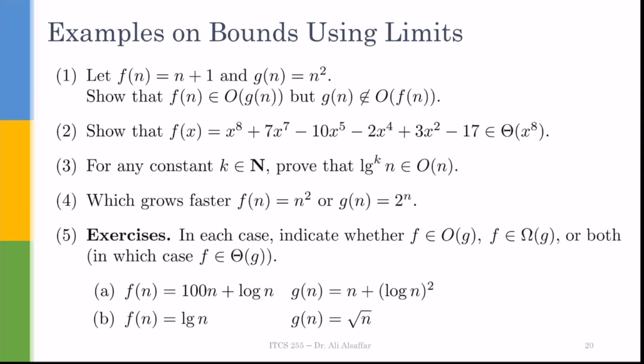Again, use limits. Take the limit as n goes to infinity of f of n over g of n and see the result. If it is 0, then f of n belongs to big O of g of n. If it is infinity, then f of n belongs to big omega of g of n. And if it is finite other than 0, then f of n belongs to big theta of g of n.